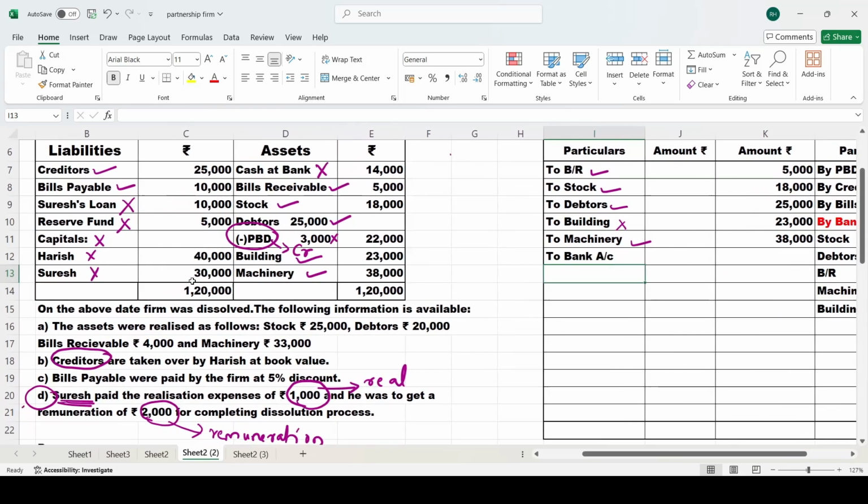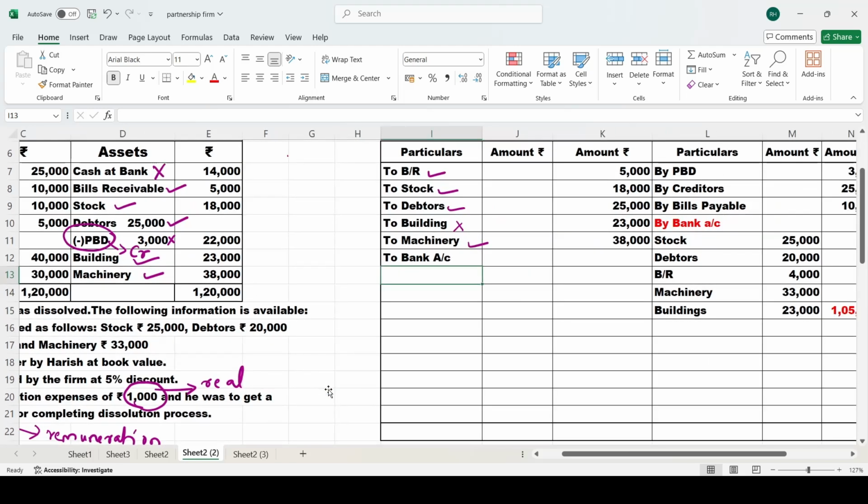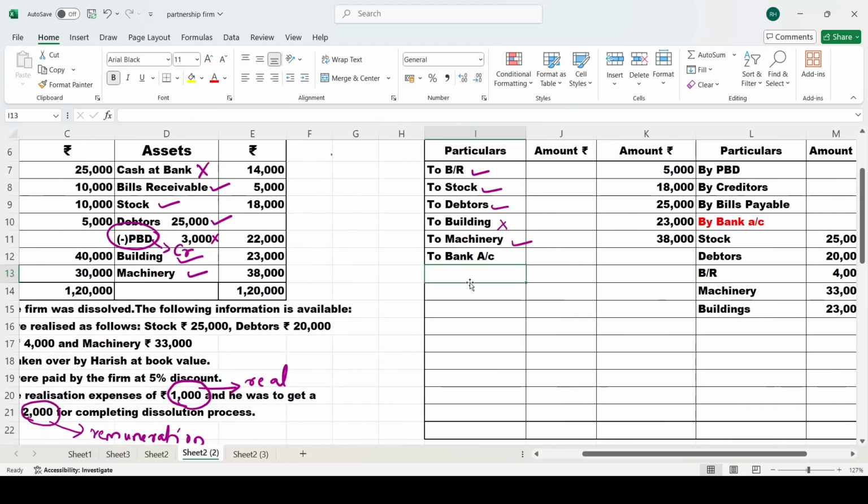But creditors were taken over by Harish. Harish is taking over the creditors. Don't pay it. And bills payable were paid by the firm at 5% discount. So we'll record the bills payable, in the bracket, 5% discount.